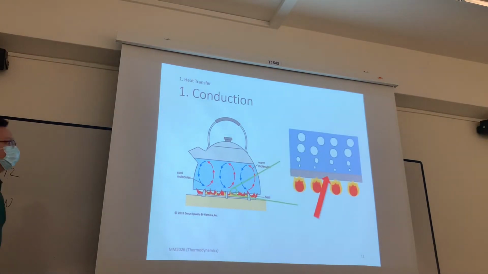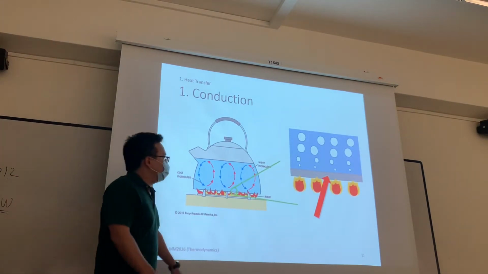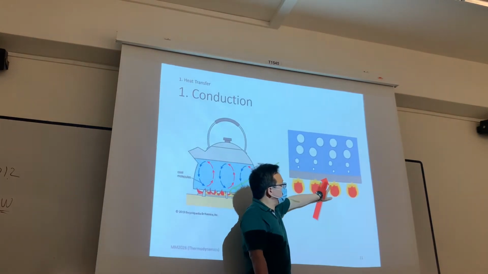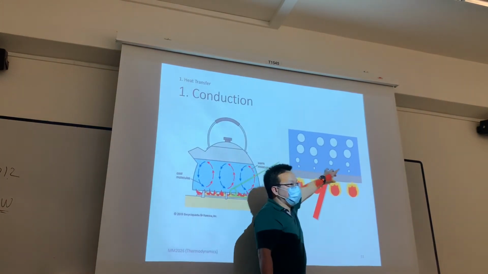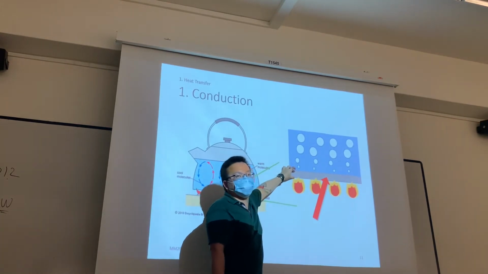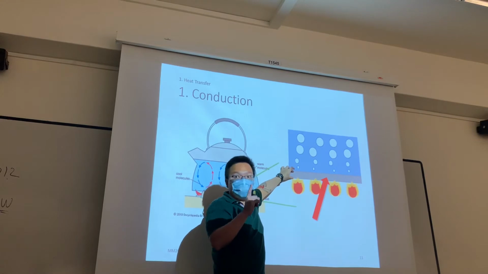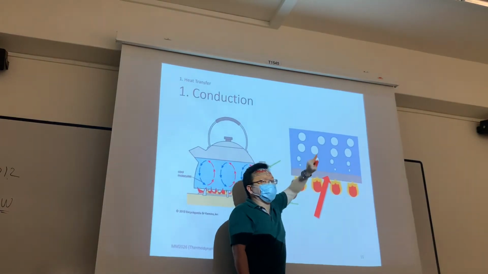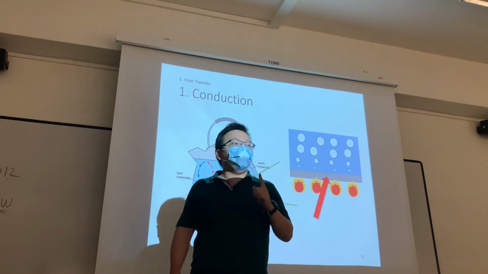Okay, so when you take a look at this case here, heat propagates through the wall. This wall here is conduction or convection? Conduction, good. When it enters the water, it becomes what? Convection.